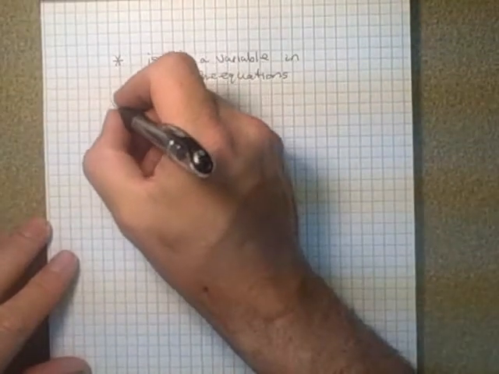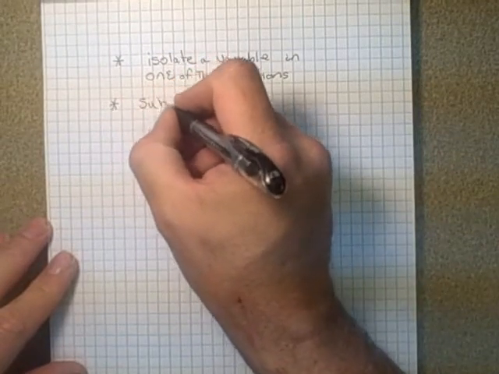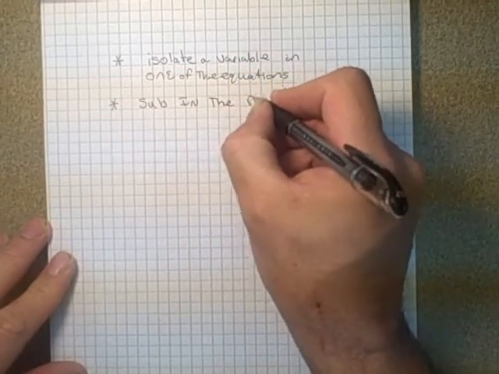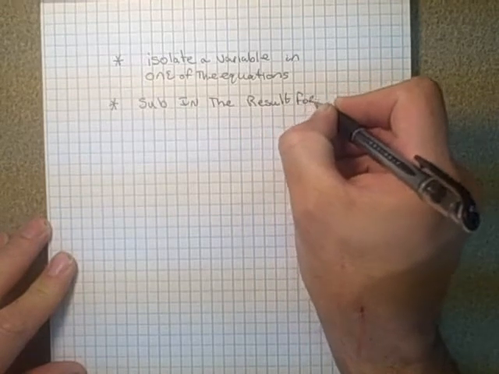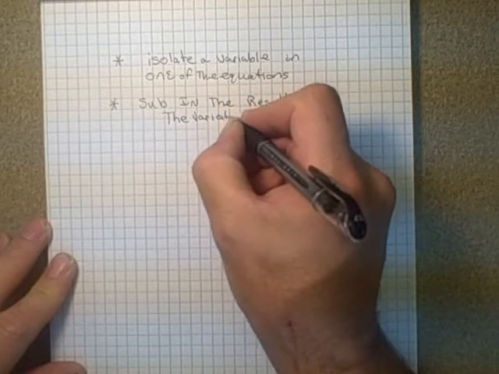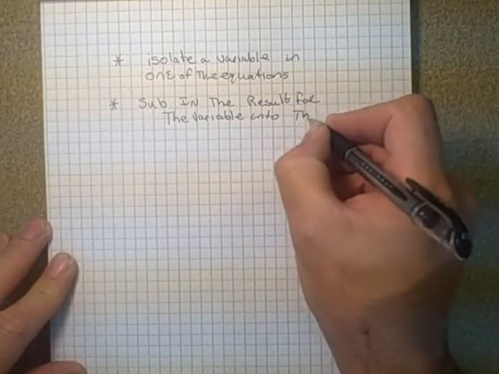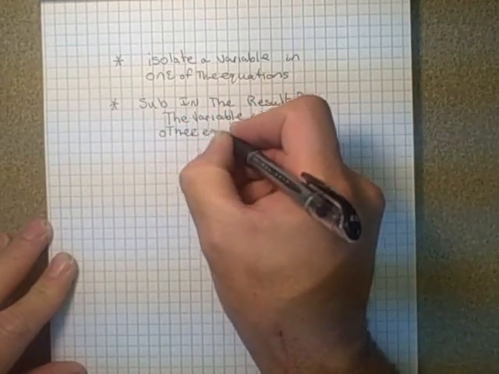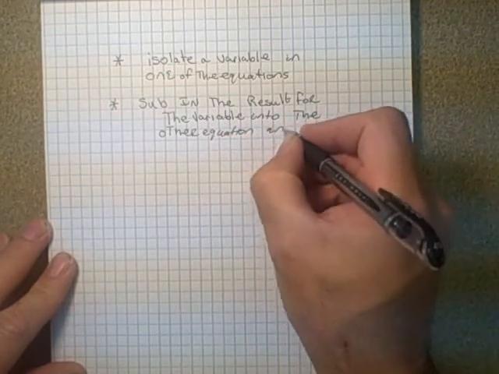Once you've done that, you substitute, I guess, sub in the result for the variable into the other equation, and solve for the variable.